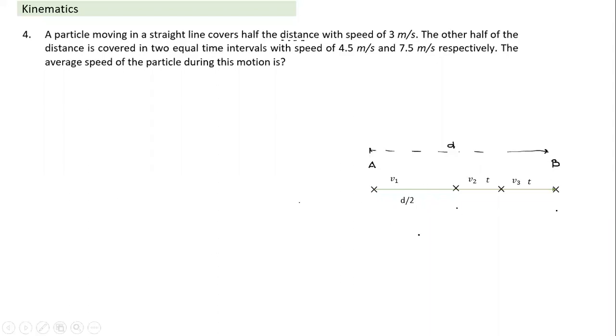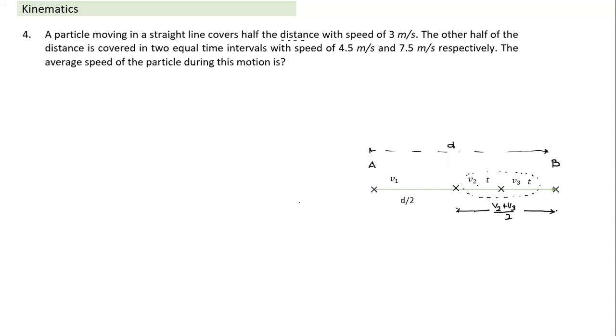Very quickly, the first thing I notice here, as we do in the case of equivalent resistance, capacitance and all, is that I'll calculate this first, which is very easy. Time intervals are equal. I can replace these two velocities with one velocity for a distance equal to D/2. What is the velocity I can replace them with? It is V2 plus V3 divided by 2, for this distance and for this time interval.